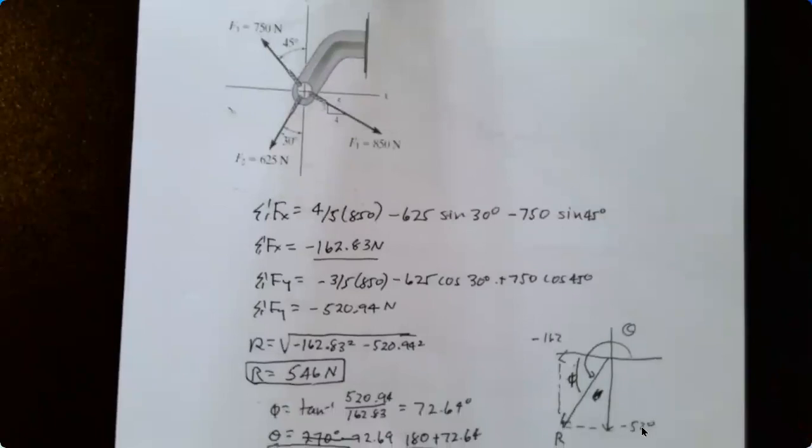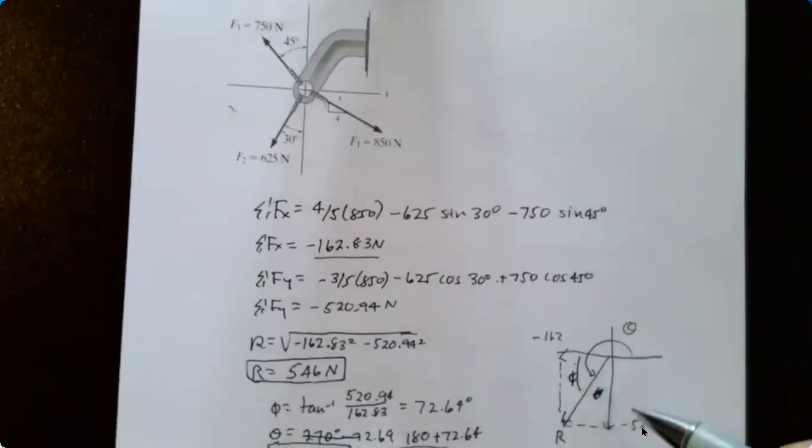Again, we calculate the angle theta, and the angle theta that you're looking at when you calculate this way is going to be 72.64 degrees, and we want it counterclockwise with the positive x-axis.